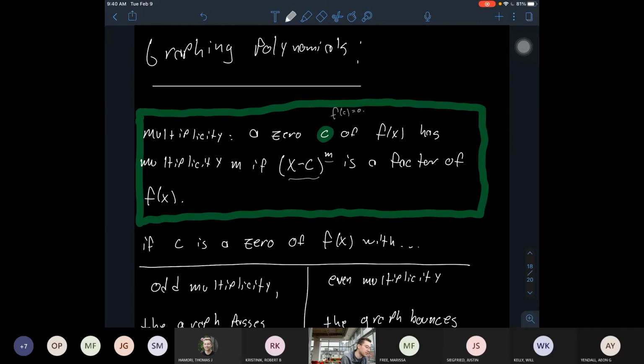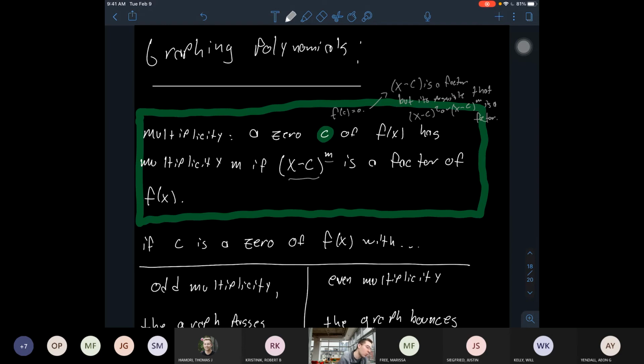Now we know if c is a 0, we know for sure that x minus c is a factor. But it's possible that x minus c squared or x minus c to the power m is a factor.